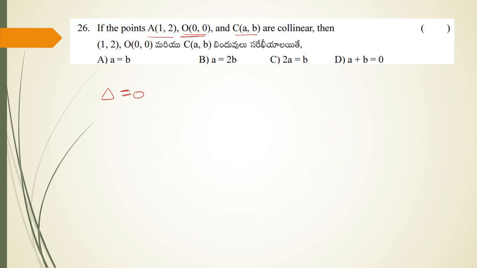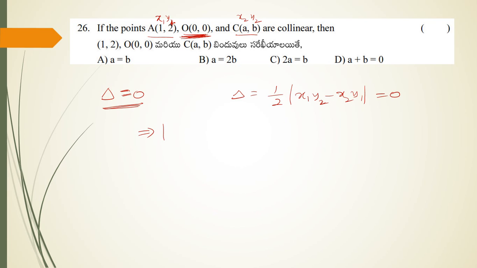Since one of the vertices is 0 comma 0, the area of the triangle is given by half into x1 y2 minus x2 y1. The area of a triangle with one vertex at the origin is half into x1 y2 minus x2 y1, where the remaining 2 points other than the origin are x1 y1 and x2 y2. Now since the points are collinear, the area of the triangle will be equal to 0.